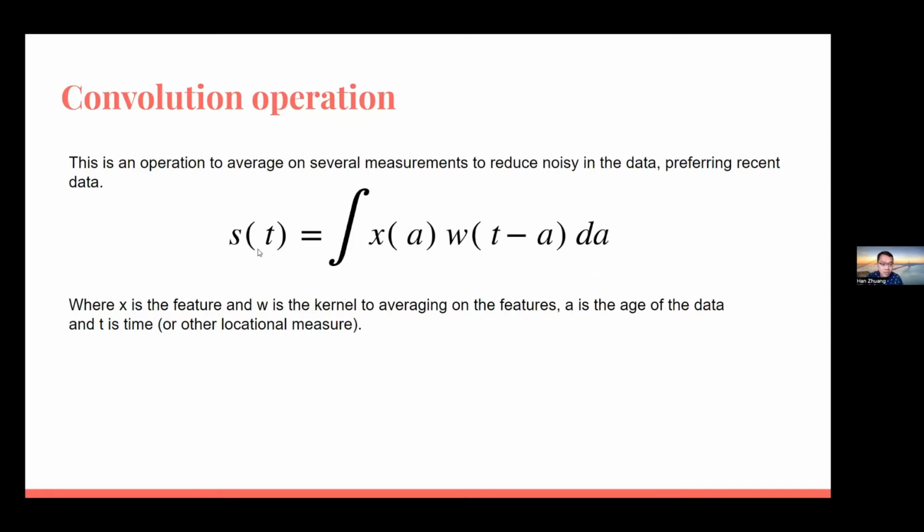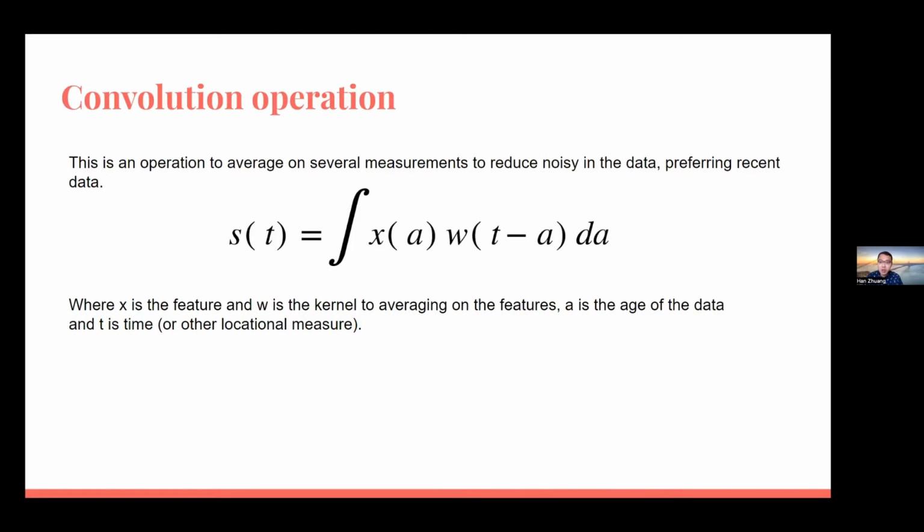So we have the raw data from X, and we need to compute the feature at the point T. But to reduce noise, we don't use only the data in point T. We use all the data around it, because in time we have some near neighbor data points.